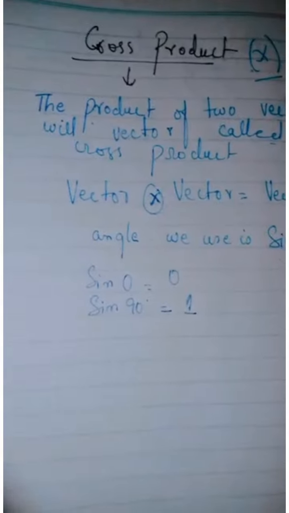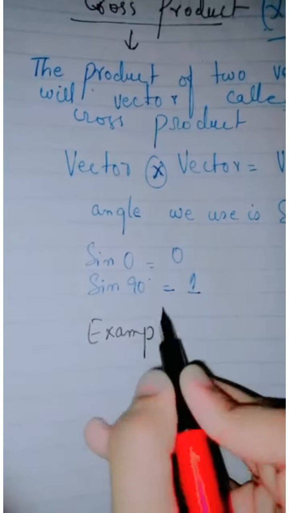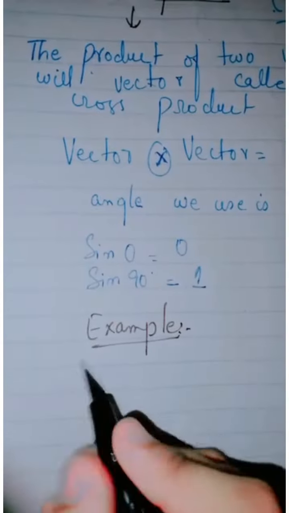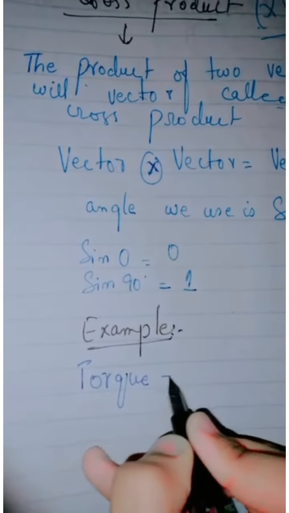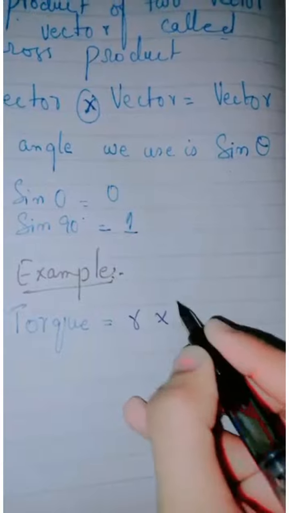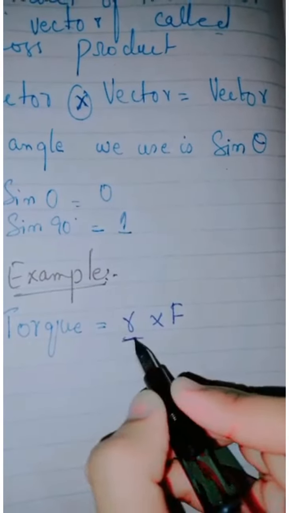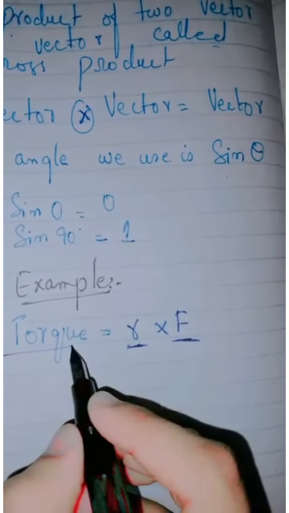Now if we talk about the example of cross product, we take torque, that is equal to radius into force. Again, radius is a vector quantity, force is a vector quantity, and torque is also a vector quantity.